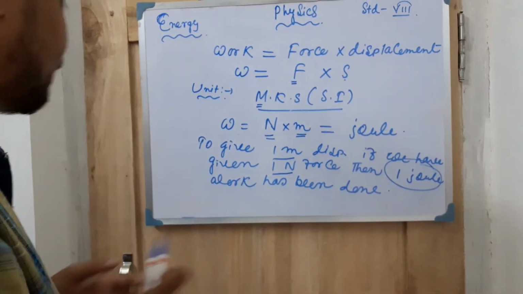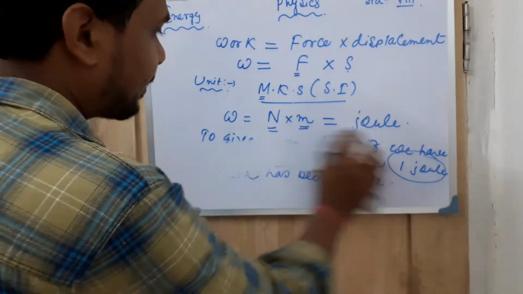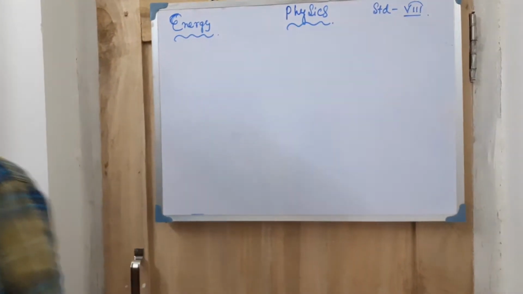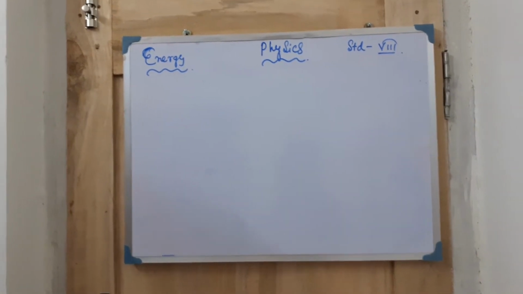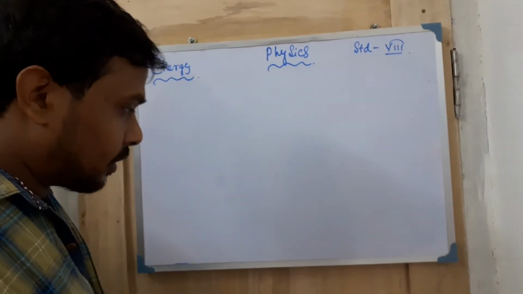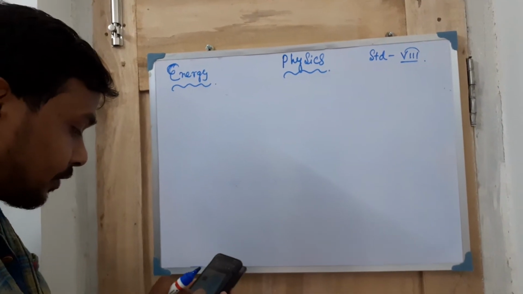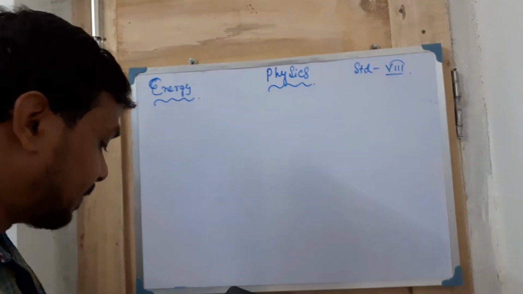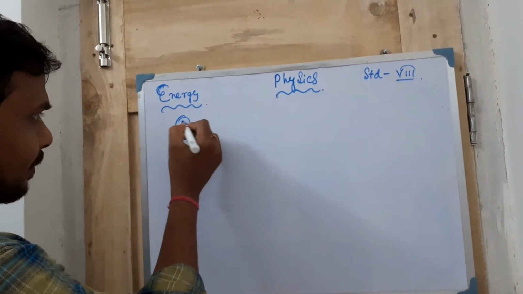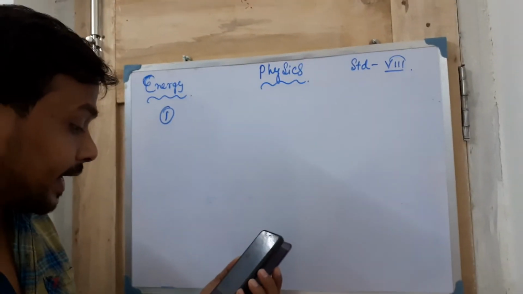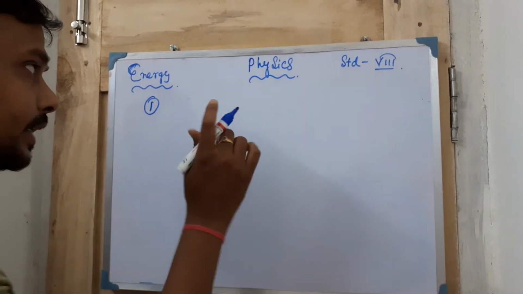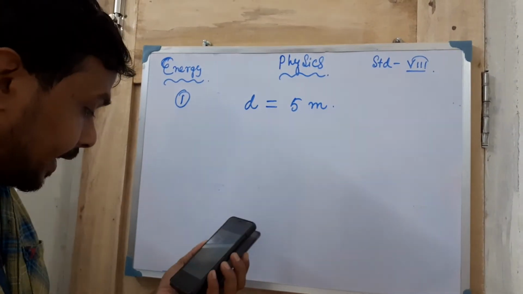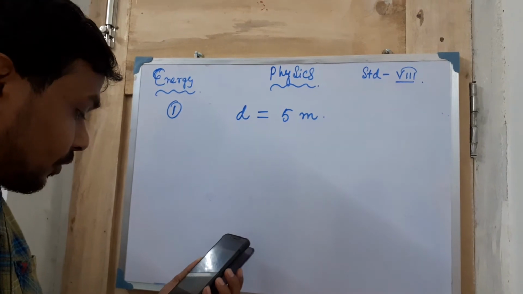Now we come to the next point. A few numericals are given in your examples, so I will try to explain them. The first numerical is on page number 45 of your book. A toy car is displaced through 5 meter, so the displacement is given as 5 meter, on application of a force of 7 Newton.